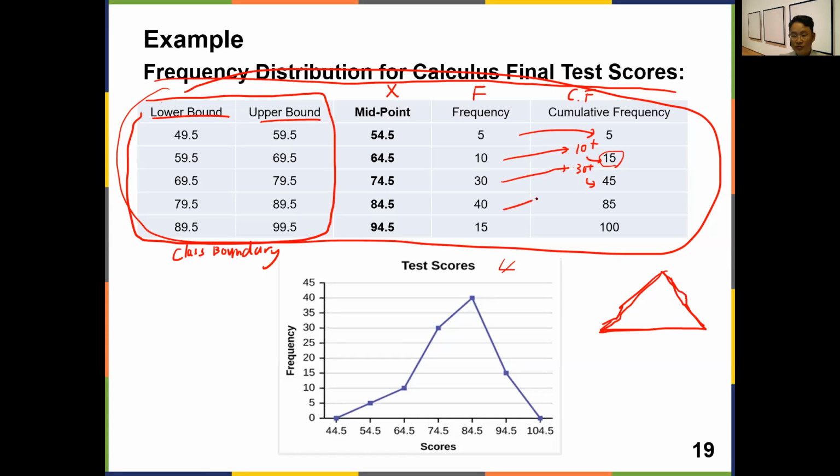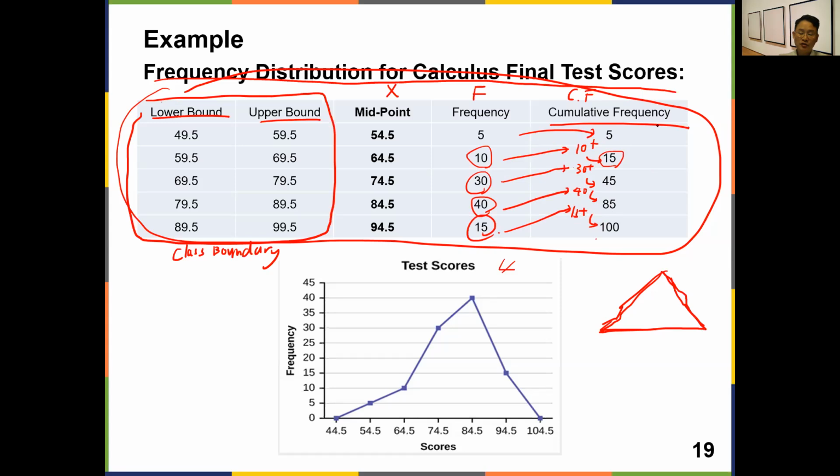To 45, you add 40 to get 85. And to 85, you add 15 to get 100. So you keep adding the previous frequency to get the cumulative frequency.